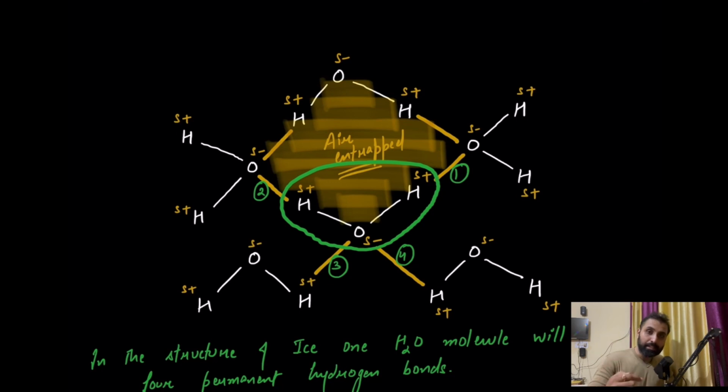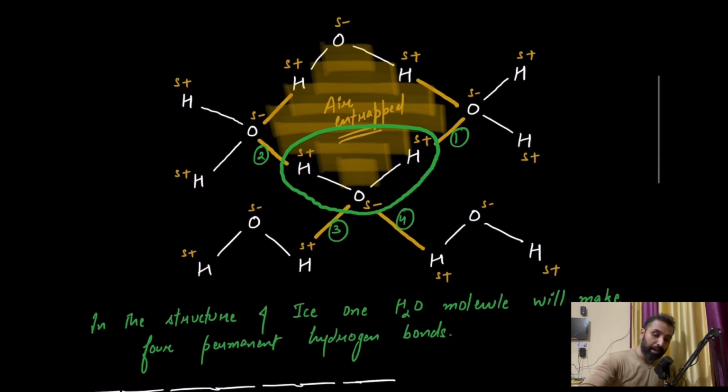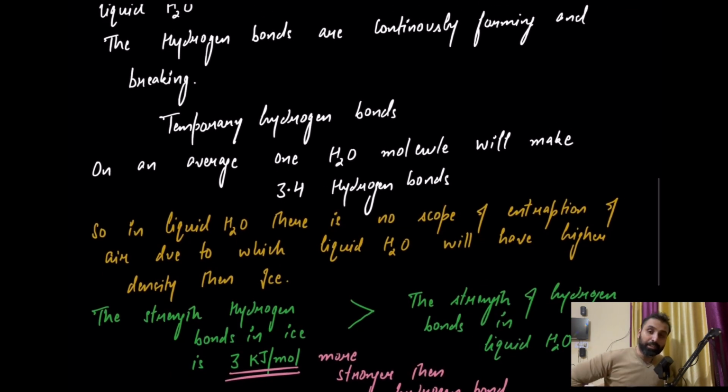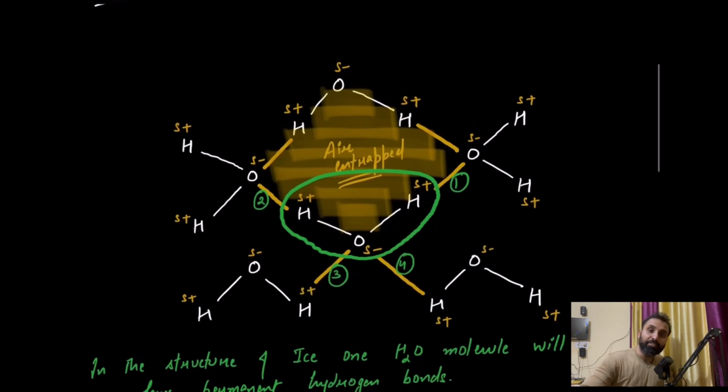This air entrapment mechanism is absent in liquid H2O, where one H2O molecule forms only 3.4 hydrogen bonds, due to which there will not be any formation of vacant air spaces between them. So the density of liquid H2O will be greater than that of ice. So that's the reason the density of ice is less than that of water, and that's why ice floats over water.